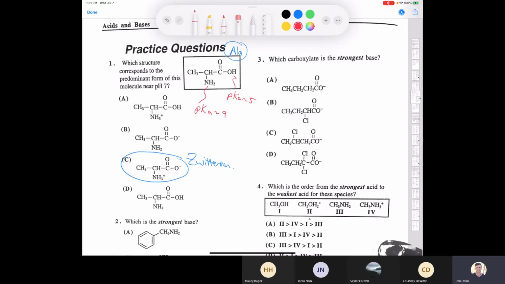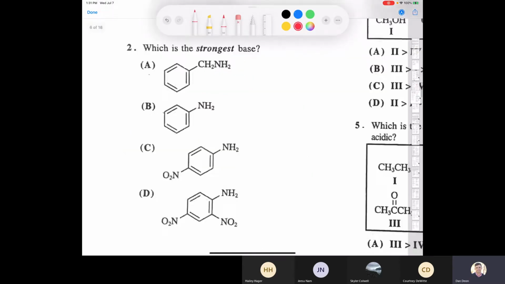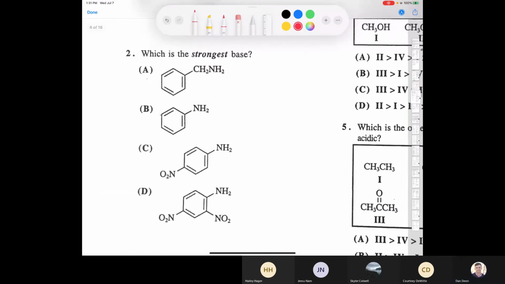Let's take a look at number 2. Which is the strongest base? Right, you have all these different compounds. We want to know which one is the strongest base. It's not a difficult question. This one's kind of a short question.